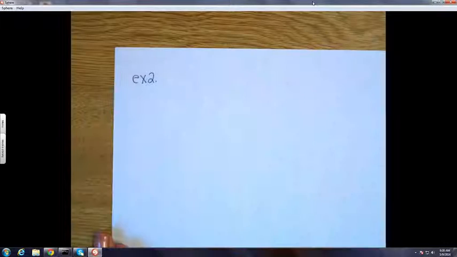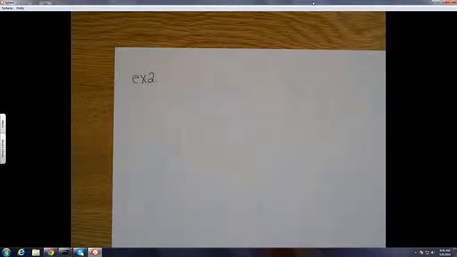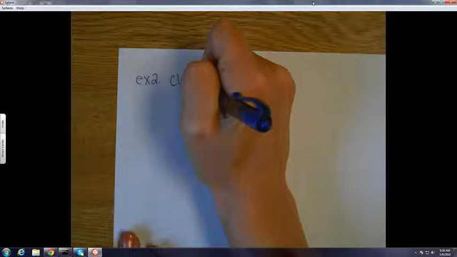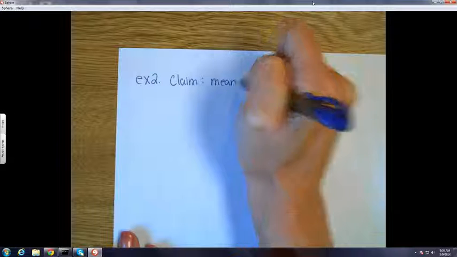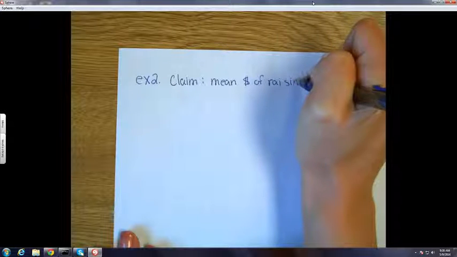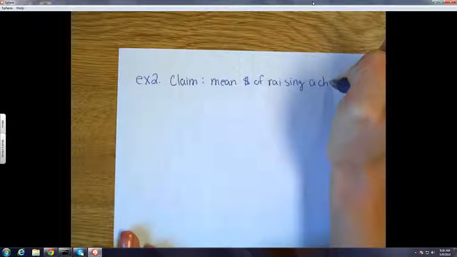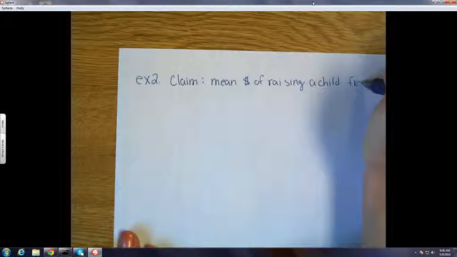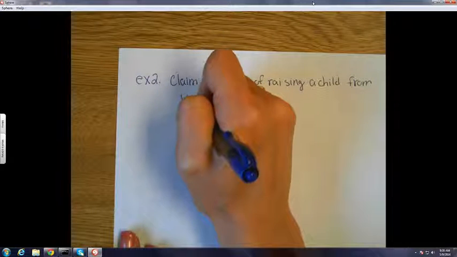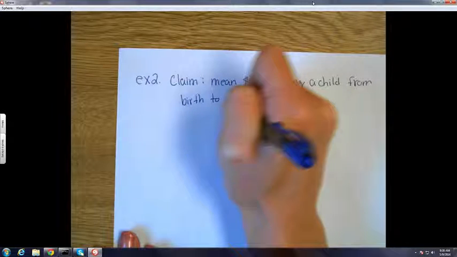Okay, second one. Claim: the mean cost of raising a child from birth to age 2 is $8,390.